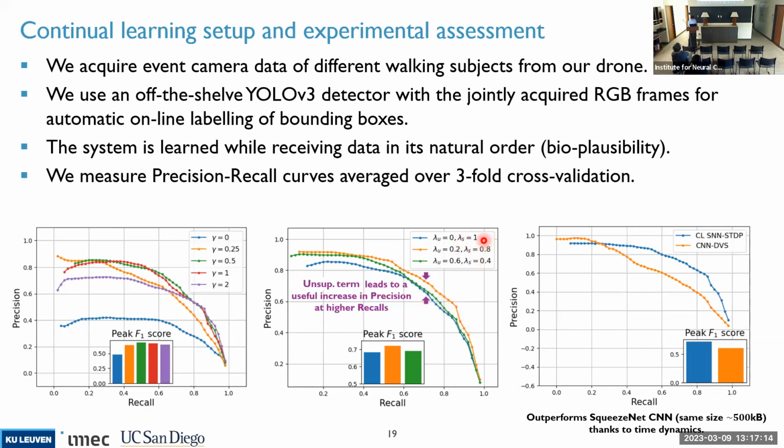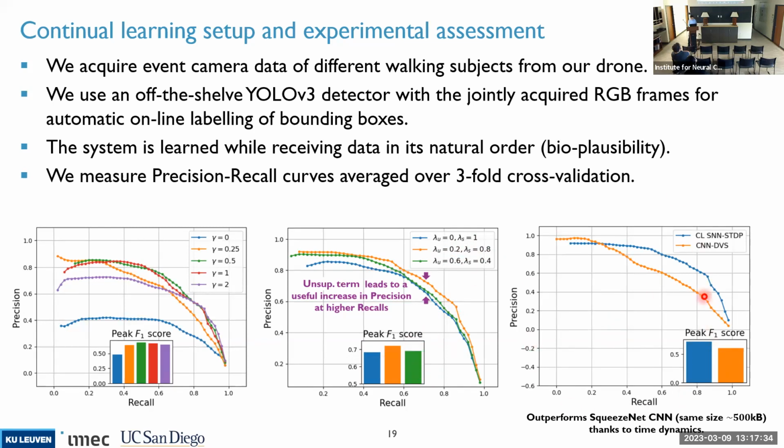Lambda U and lambda S are hyperparameters balancing how strong the third-factor supervision signal is compared to the unsupervised one. And again, there is a form of optimum, a single parameter to use, which is in the image.